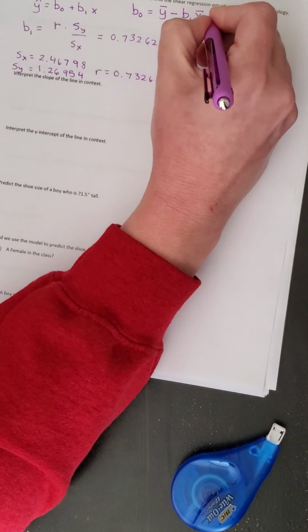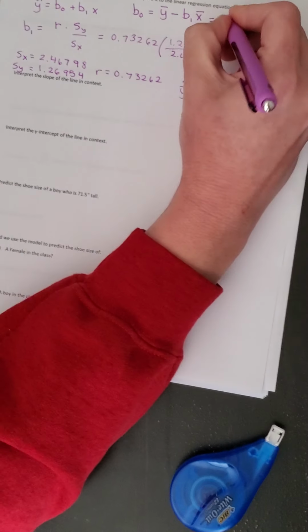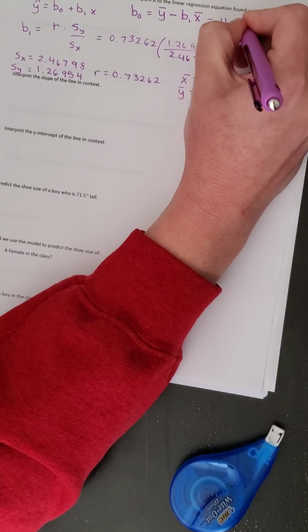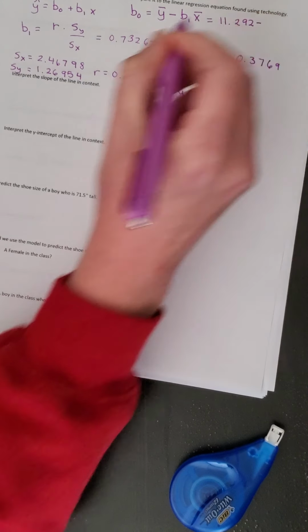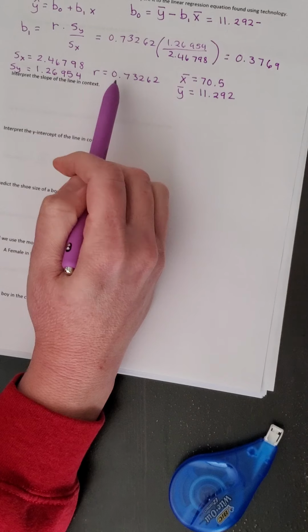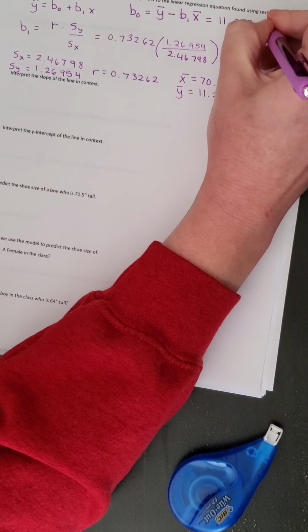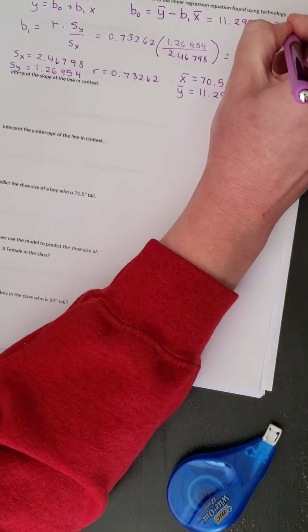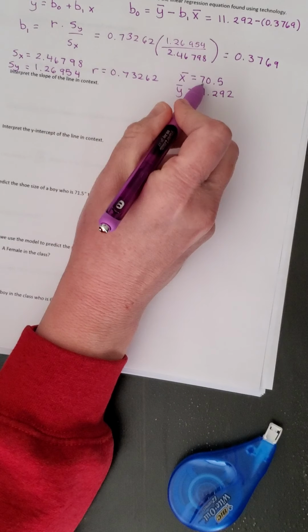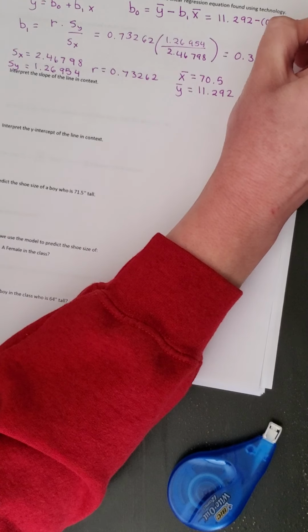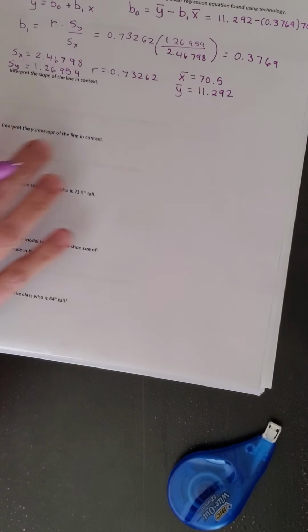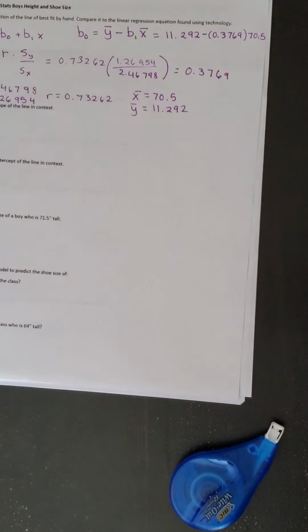All right, so B0 is 11.292 minus our B1, which was right here, 0.3769 times x bar, which is 70.5. And let me just double check that I'm not off the screen. Yes, I'm off the screen.